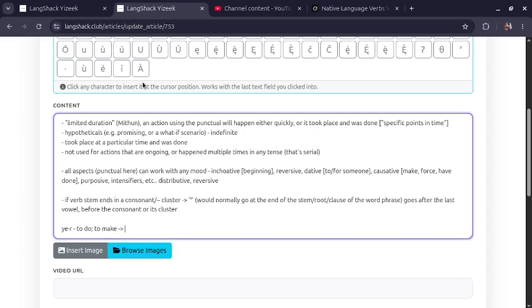And in the case where you're using the punctual, you might do something like yer, with the punctual applied, which would turn into yer. So now you would do yer, right?